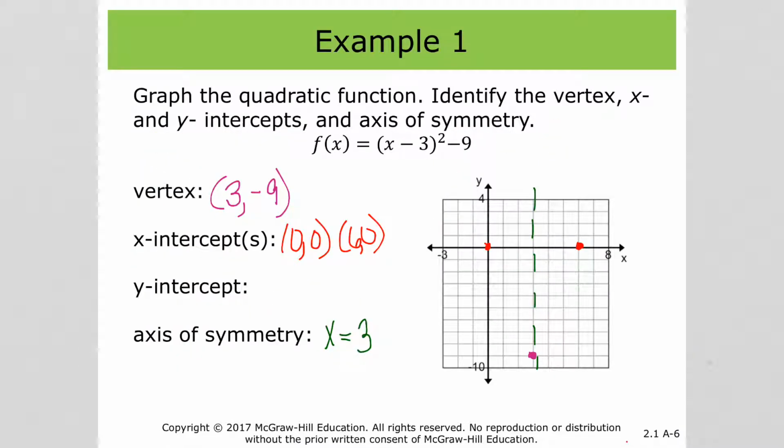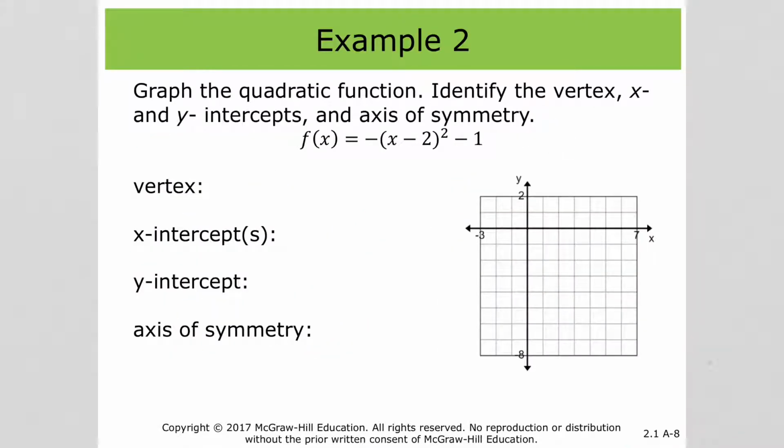So the y-intercept is just (0, 0), just like one of the x-intercepts. And then we can plot our parabola. And so it'll go up kind of like this. And you can see it opens up. And we can tell that because a is positive. A is 1 here, positive 1. And so there is our parabola.